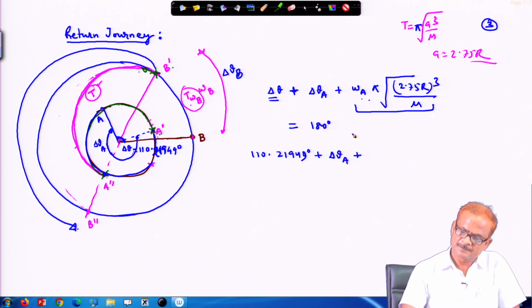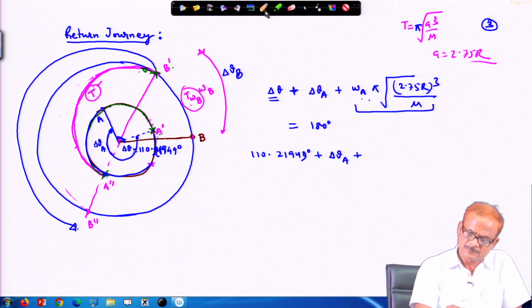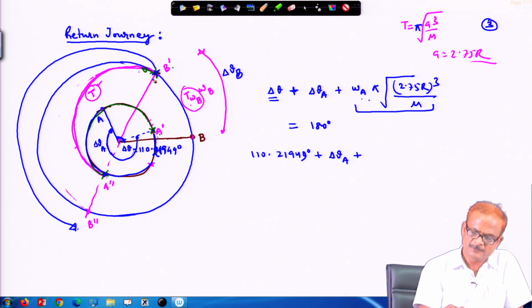On the right hand side, in the meanwhile, B starts from here, and during the wait time it has moved through this delta theta b.